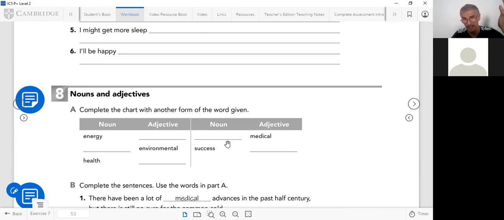The medic is like a synonym for doctor. Or medicine, which refers to the tablet or the injection or the liquid, the suspension that you drink or take for getting well. So medicine would be the correct one for medical.